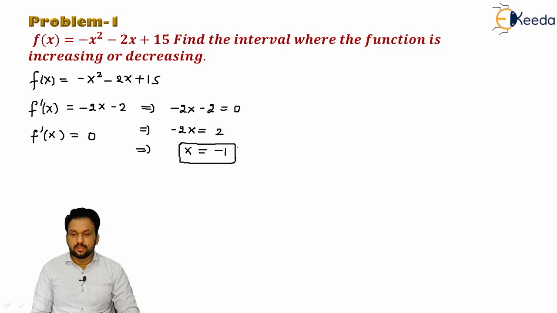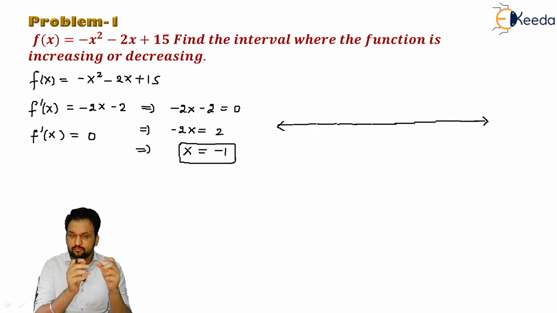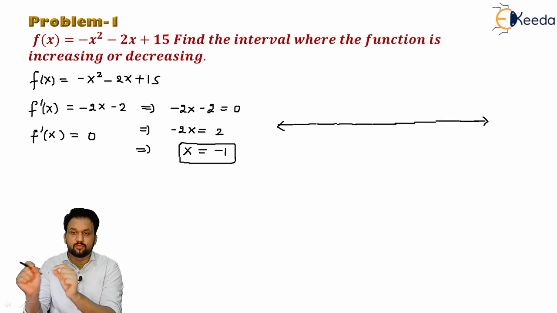Clear? Now, in order to find the interval of increasing and decreasing function, first of all you need to make a real line, a straight line. I'm just making it here. You have to take a straight line, and here you will plot a point. Any point you have found from f dash x is equal to 0, you have to plot on the real line.